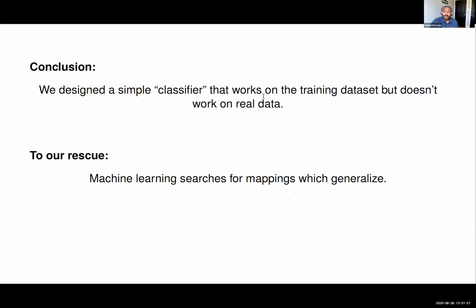And this generalization idea will be quite critical because we're looking for mappings that work not just on the data that we get to see when we're training the model, but actually work when I deploy this algorithm into the wild and it gets to see new data. And we'll talk about how we try to design algorithms that have this property over the course of the class.